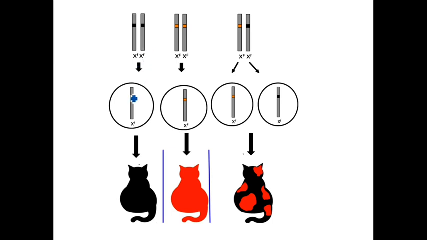But even though that happens, we can't see any effect of it because all of the cells will still have the X little f or the black fur allele activated. Okay, the same thing goes for a homozygous dominant female cat who has 2 copies of the big F orange allele. In half of her cells, 1 of these chromosomes will be inactivated, while in the other half, the other X chromosome will be inactivated. But again, we don't see the effect of that.